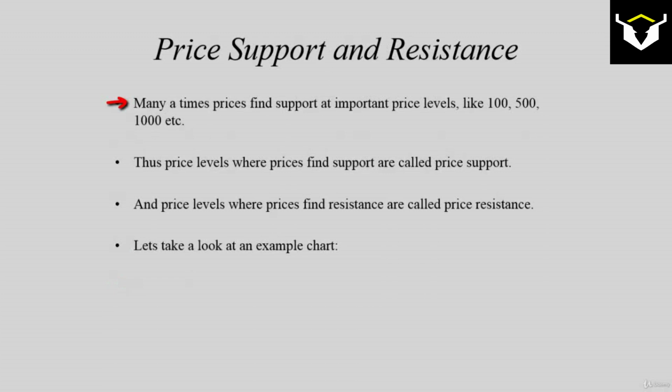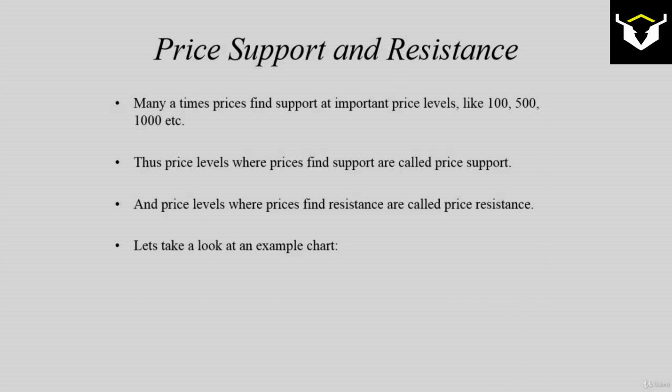Many times, prices find support at important levels like 100, 150, 1000, etc. Thus, price levels where prices find support are called price supports, and levels where prices find resistance are called price resistance. Mostly, these are whole numbers or important psychological numbers.